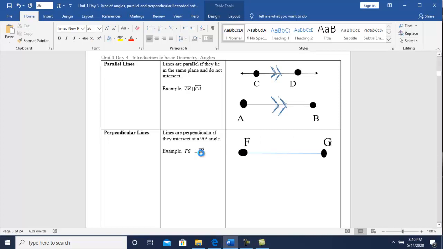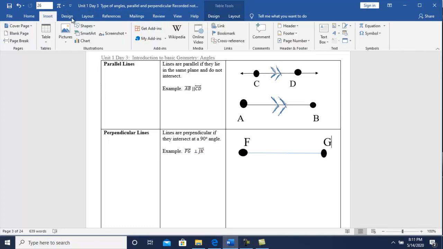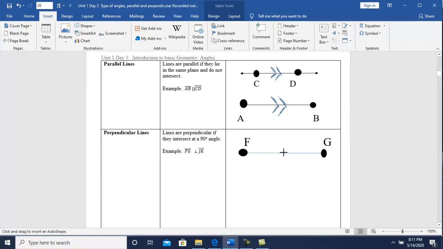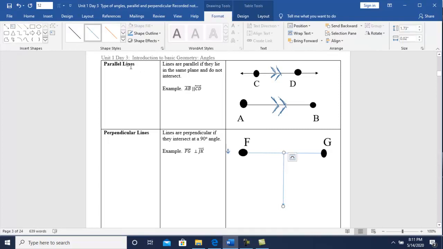Now, we're going to have to draw a ray. I'm going to draw a ray going straight down here. The key here, remember, is that it's got to have one endpoint.